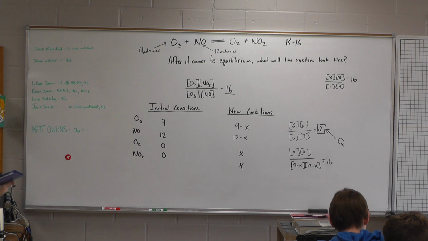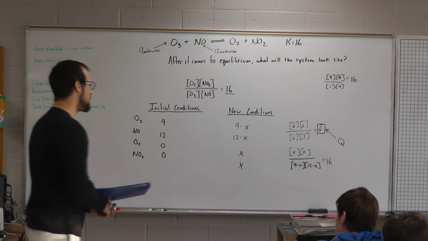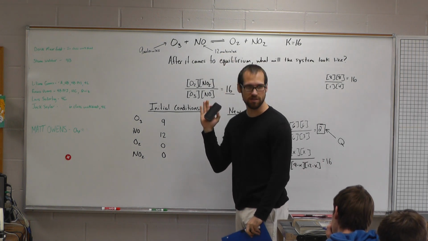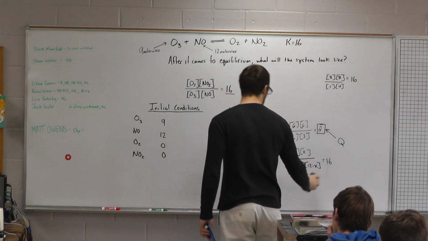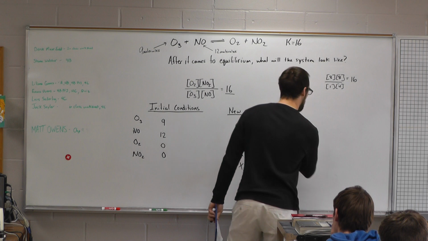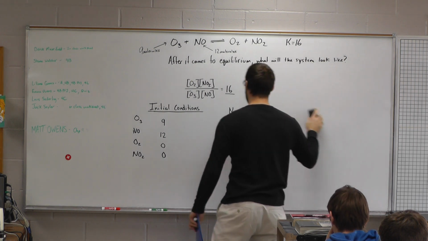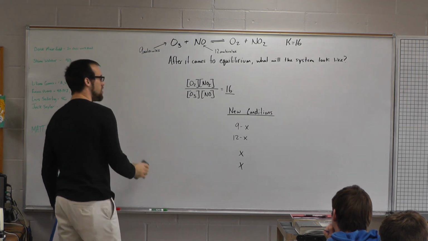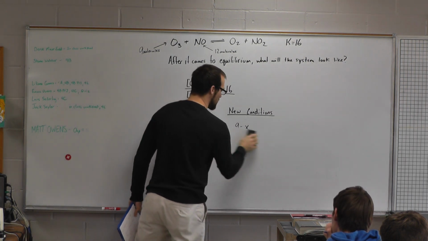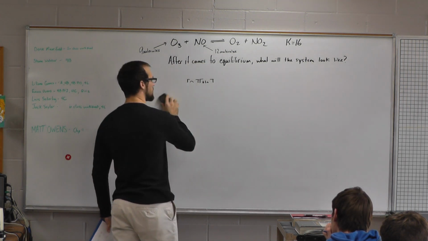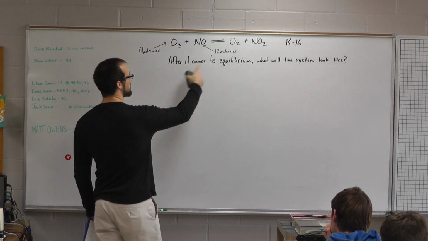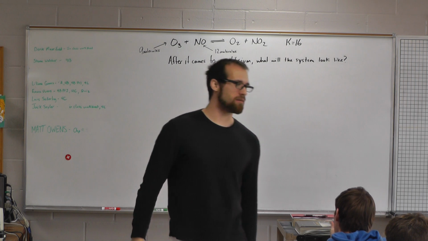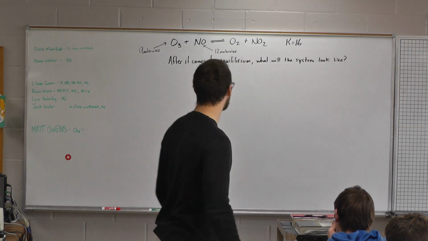Now we are going to do this with more complicated things when we have coefficients. We're going to do this with math and not just in theory. But I wanted to show you the idea that there is a relationship that the products have to the reactants with those coefficients. And if we know that, we should be able to predict quite a few things.